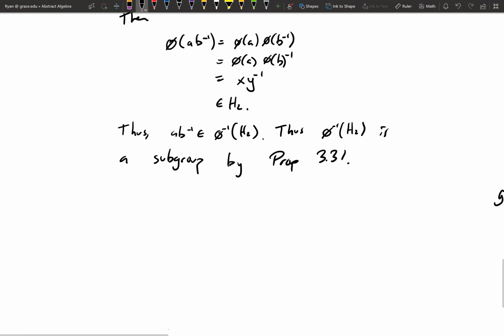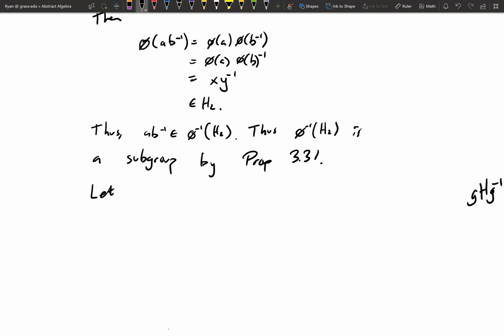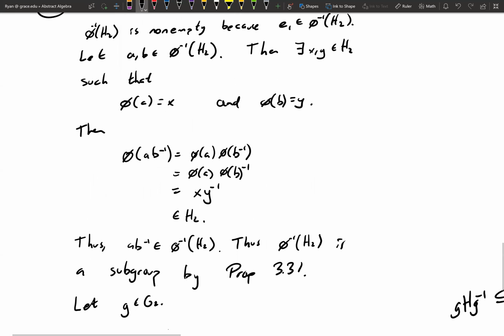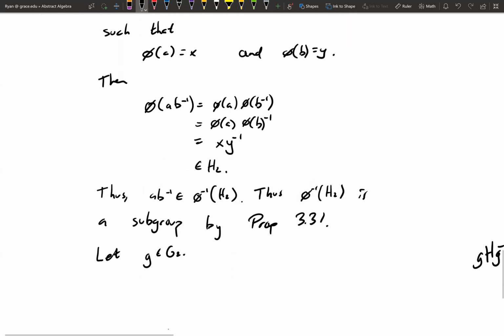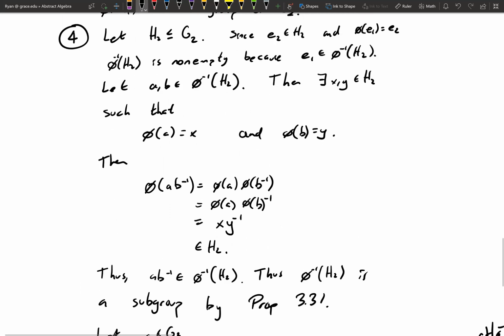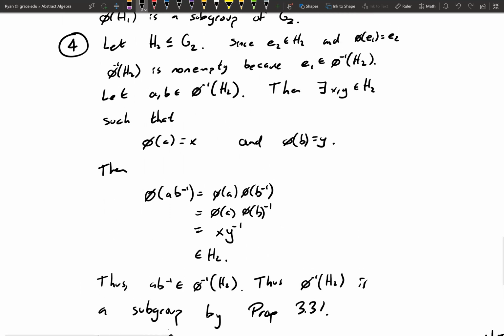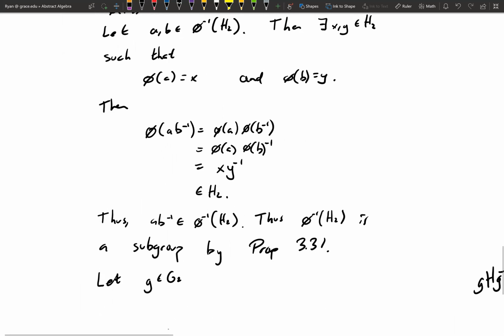Okay, so let G be an element of G2. And I've already got A and B in there. Well, I need to show it's normal in G1. So G1, sorry.